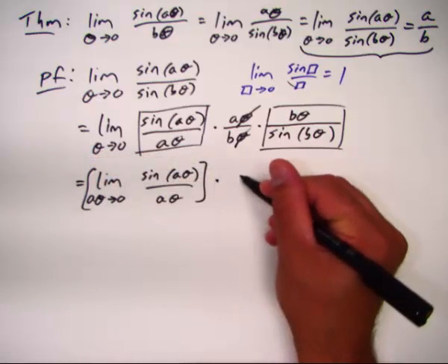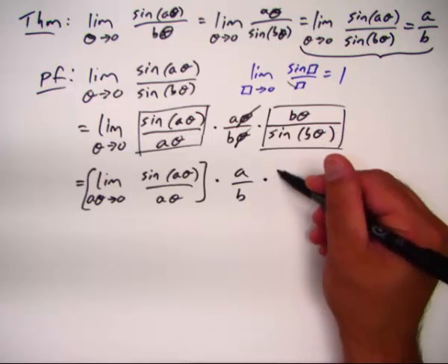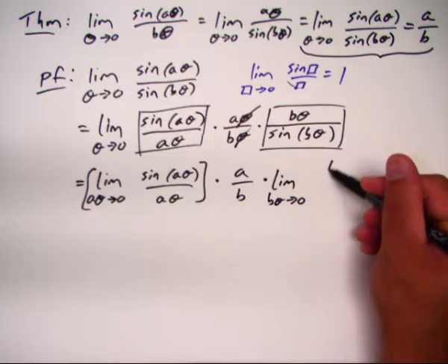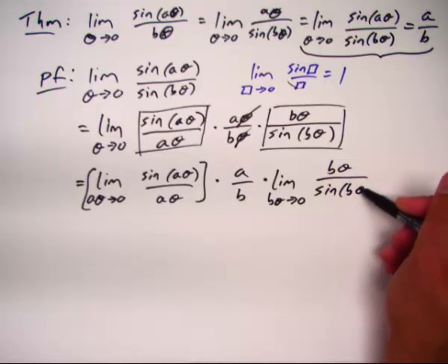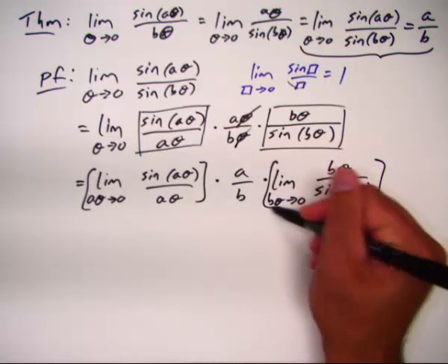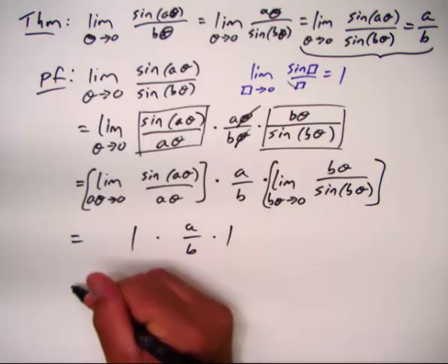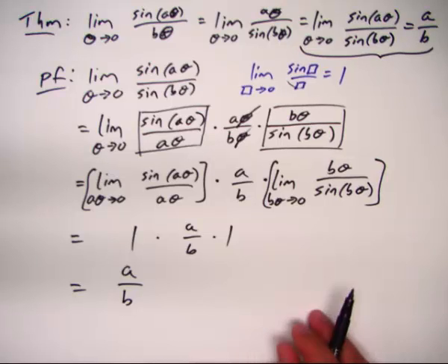Put this in brackets, times a over b, that doesn't even require a limit because it's a constant. And this here is the limit as b theta goes to 0 of b theta over sine of b theta. And so this is 1 times a over b times 1, which is equal to a over b.